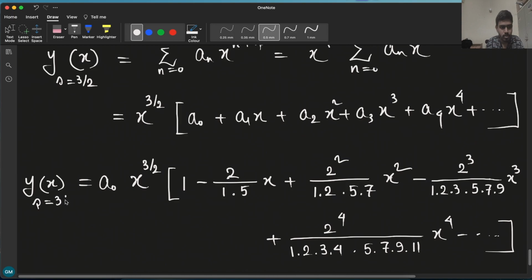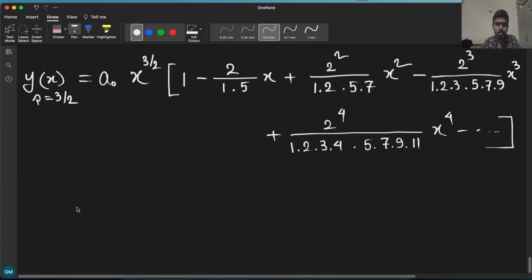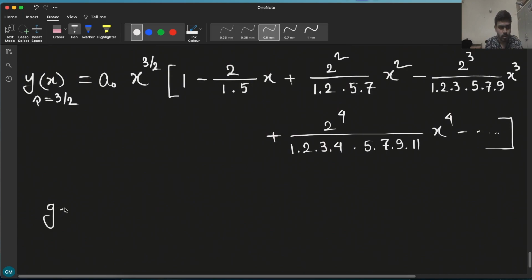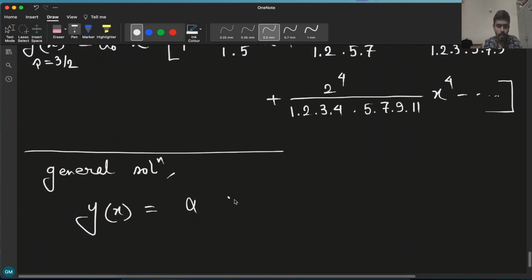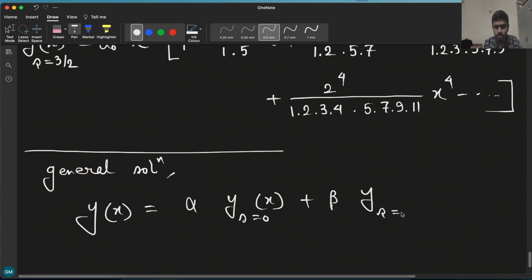second independent solution for s equals to 3 by 2, and the general solution will be then y equals to alpha y for s equals to 0 plus beta y for s equals to 3 by 2.